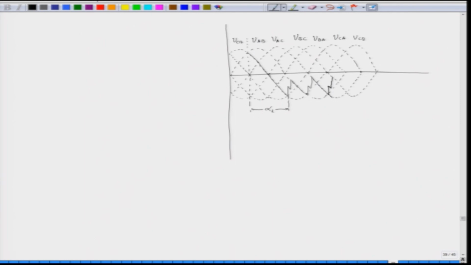So, we have a commutation overlap and the output looks like this. Similarly, here we have a commutation overlap and the output somehow looks like this. So, this is the nature of the output. Here again we have a commutation overlap. So, the output of the converter, the DC voltage looks like this.